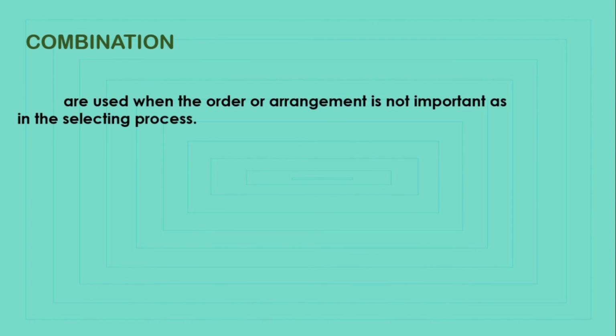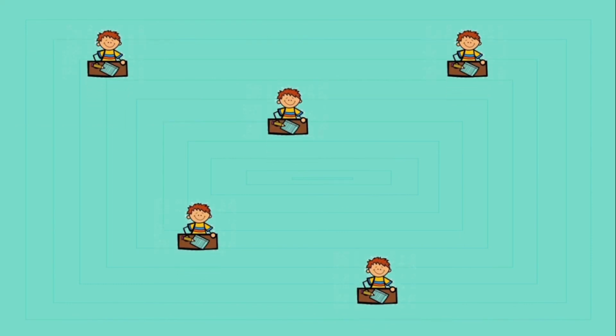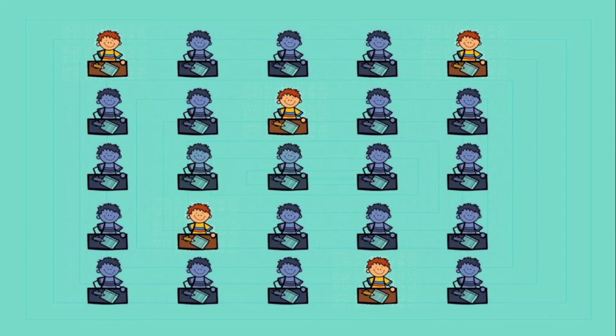Combinations are used when the order or arrangement is not important, as in the selecting process. Suppose a committee of 5 students is to be selected from 25 students.